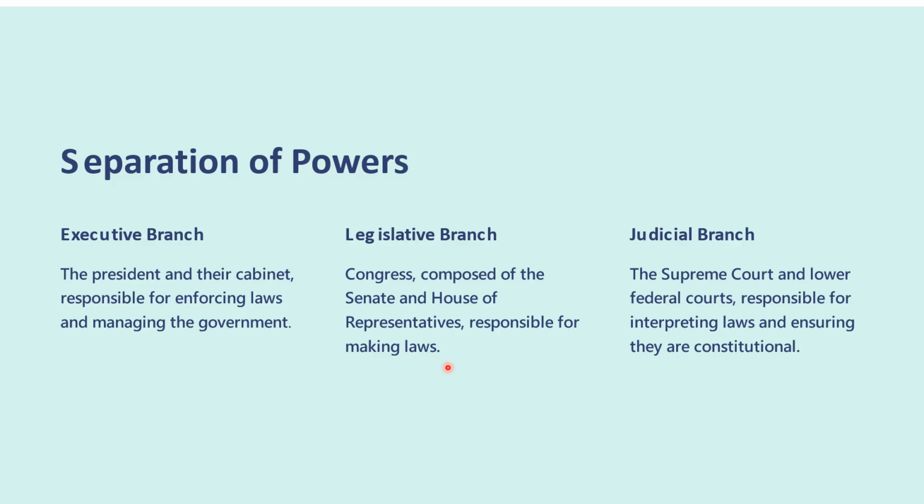These are elected officials who represent the people. And the judicial branch, the Supreme Court and the lower federal courts, are responsible for interpreting laws and ensuring they are constitutional. So the Supreme Court interprets laws and ensures their enforcement. The judiciary is independent, providing a check on the other branches.